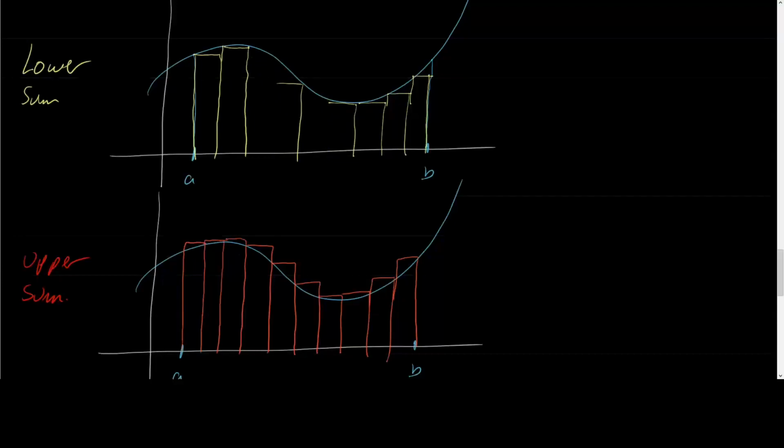Let's say I'm talking about this rectangle right here, and the interval from A to B, let's say that we split it up into n pieces, or maybe I should say n intervals.